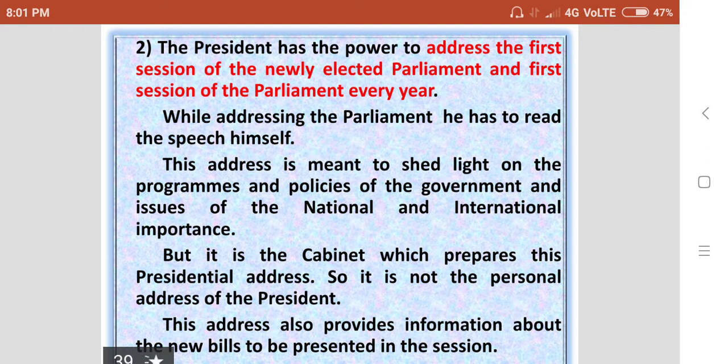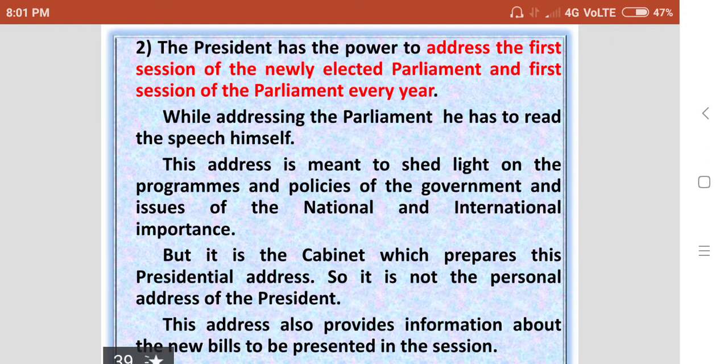Then, after the parliamentary elections, the party which forms the government should conduct a first session. In that first session also, the President has to address the Parliament. But while addressing the Parliament, he has to read the speech himself. So, this is another rule. He has to read his speech himself in the session of the Parliament.